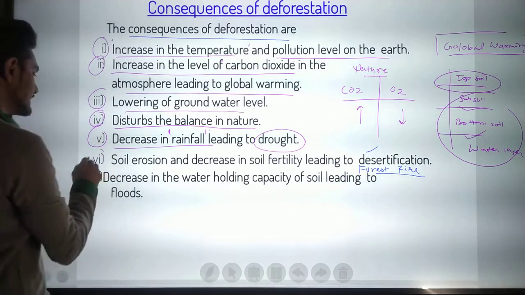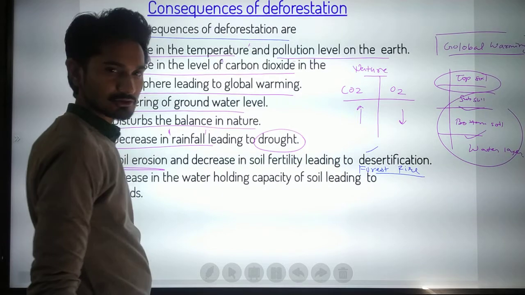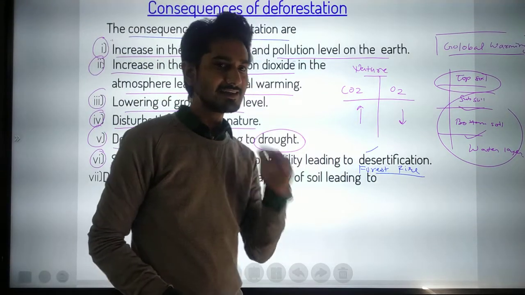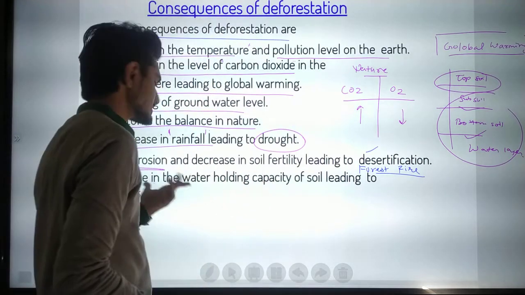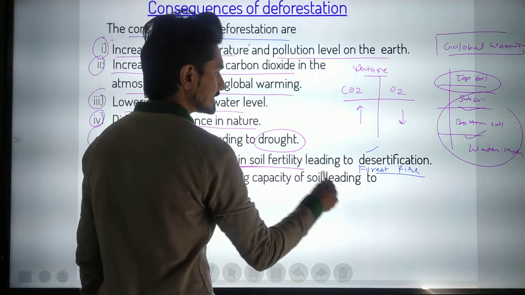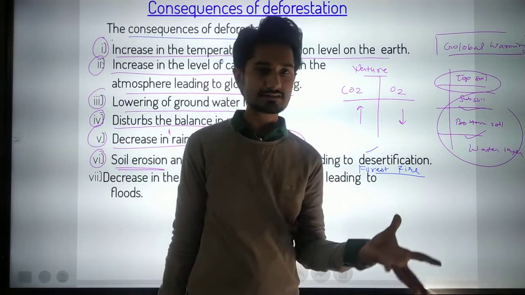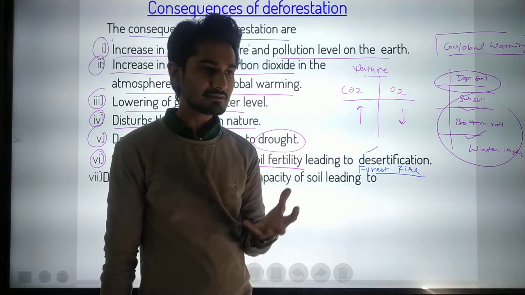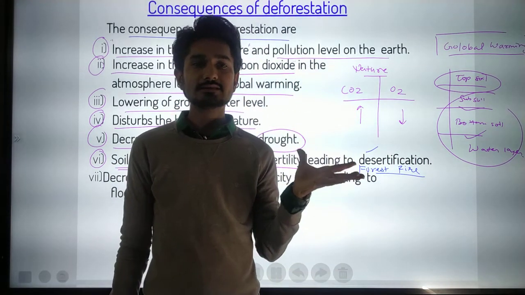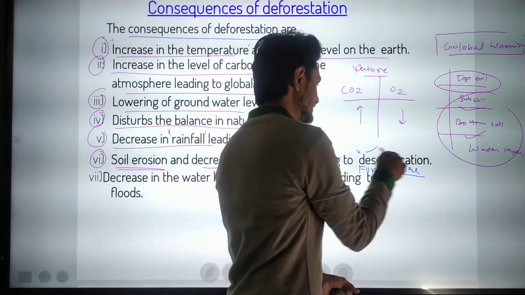Then, soil erosion. We are lowering the layer of the soil, and that is called soil erosion. A decrease in soil fertility leads to desertification, meaning we are creating a desert. Wherever a desert starts to form by artificial or natural causes, it is called desertification.